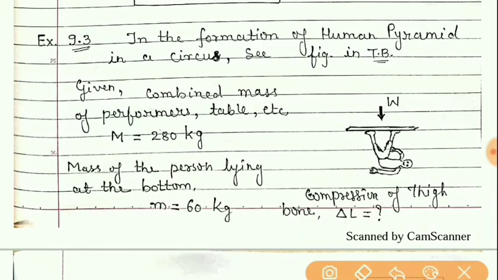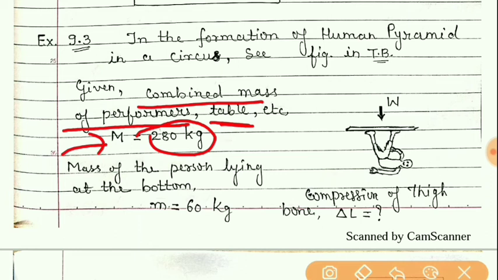So students, here it is given that the combined mass of performers as well as tables which are used is 280 kg. This is the total mass. And the mass of the person lying at the base is 60 kg. So what is the total weight on the legs of this person?